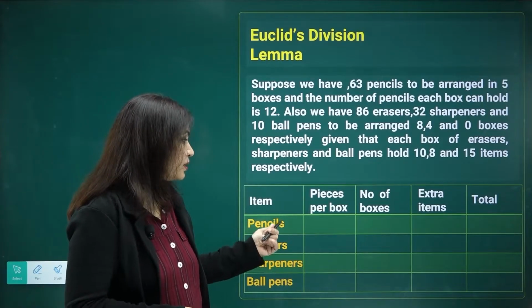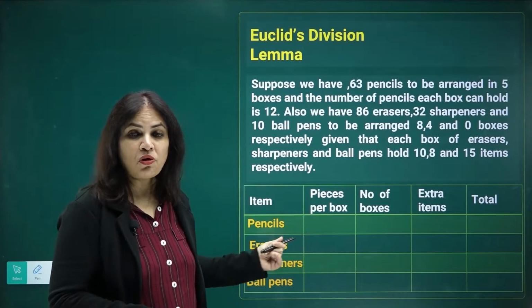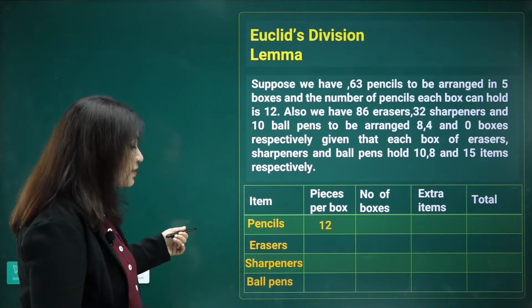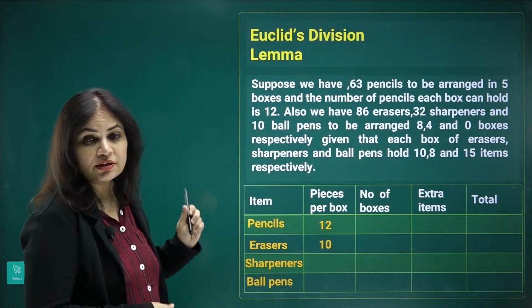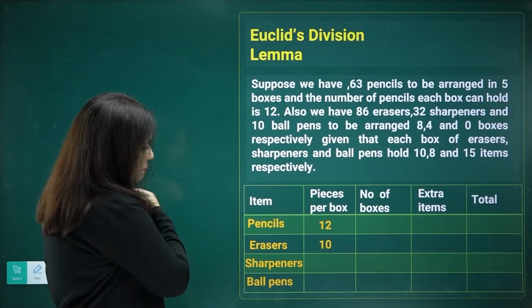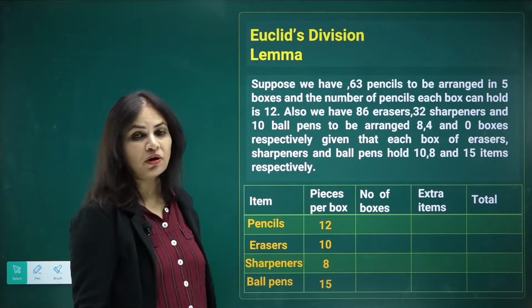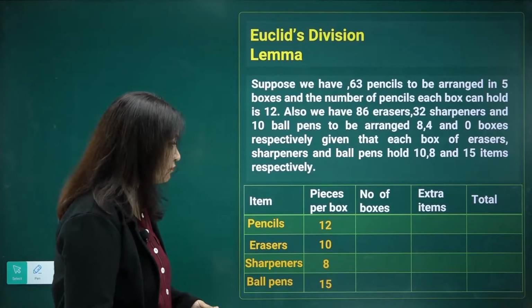Pencils, how many pencils each box can hold? 12. How many erasers each box can hold? 10. How many sharpeners each box can hold? 8. How many ball pens each box can hold is 15.